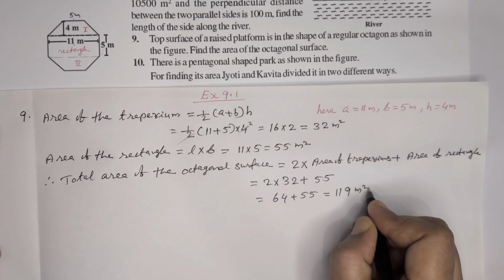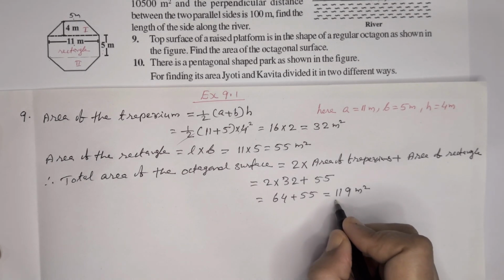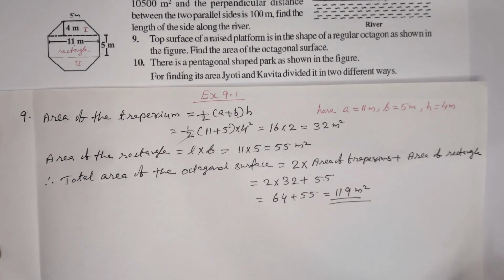So the area of the octagonal surface is equal to 119 meter square.